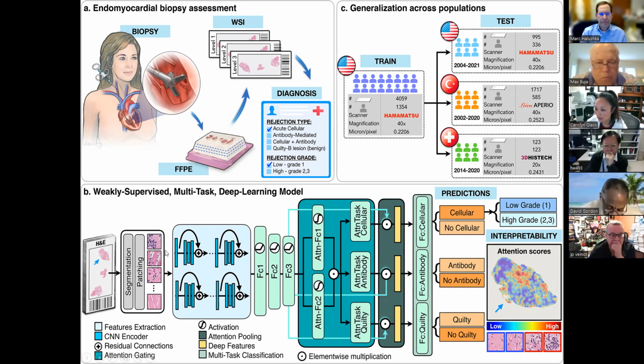And then they used a weakly supervised approach. Algorithms can be supervised, weakly supervised, or unsupervised. From a pathologist's point of view, a supervised algorithm means that pathologists define what we say is truth by annotating rejection or not rejection.